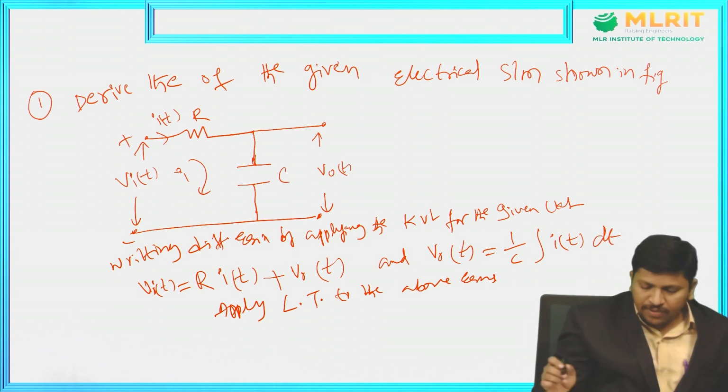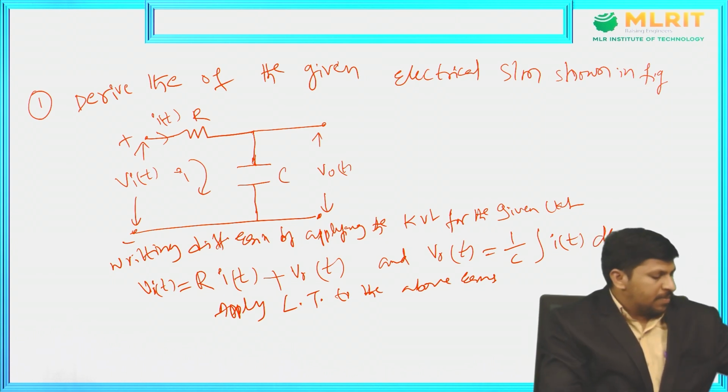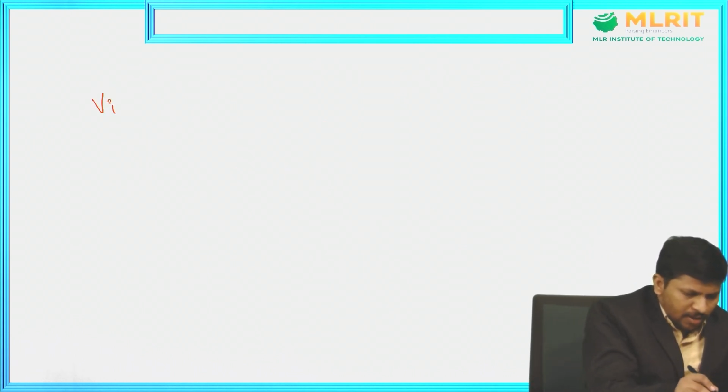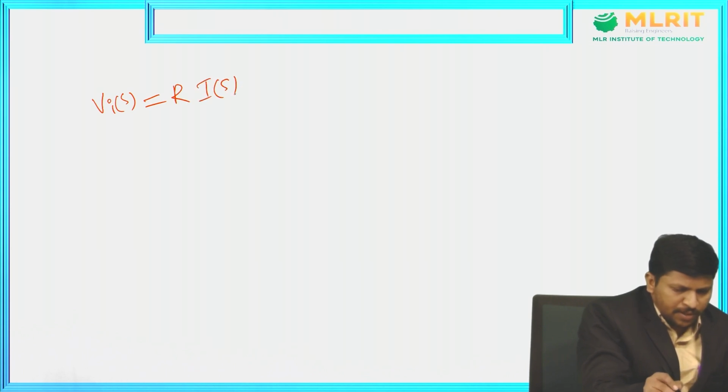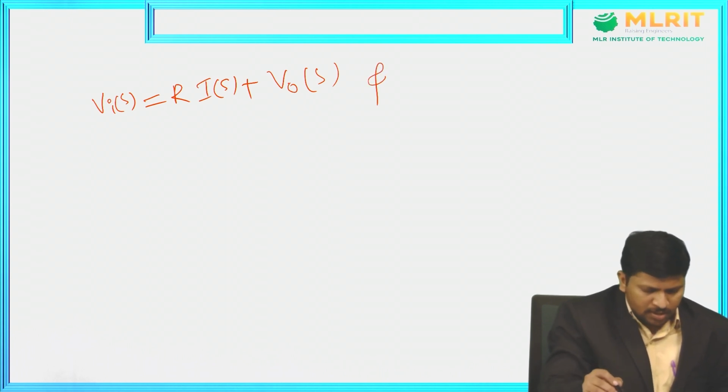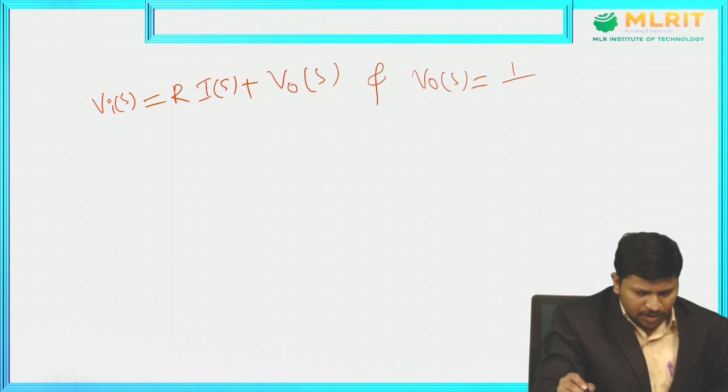From that we will get Vi of s equals R into I of s plus V output of s, and V output of s equals 1 by sC into I of s.